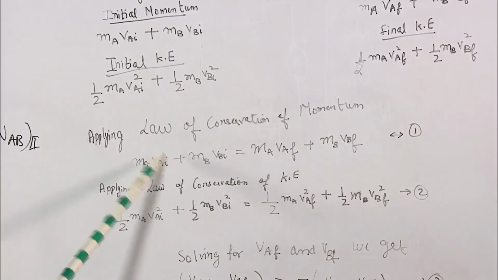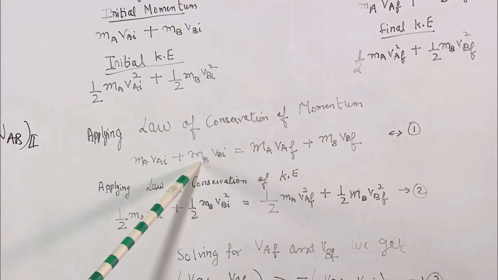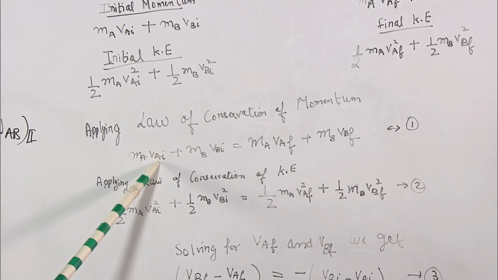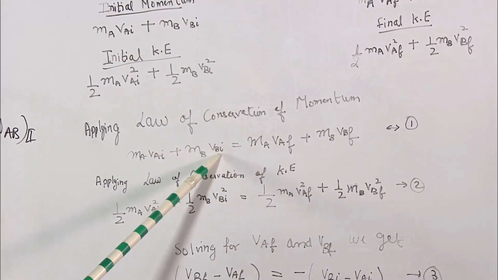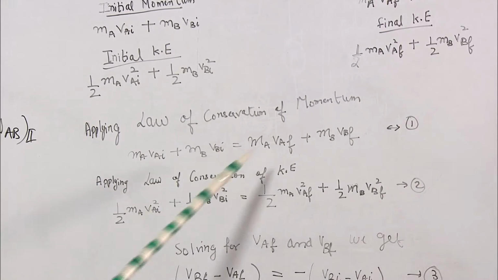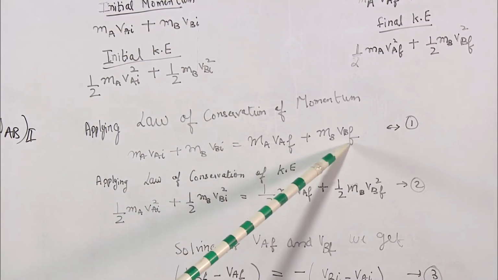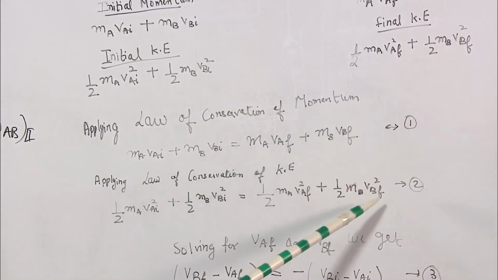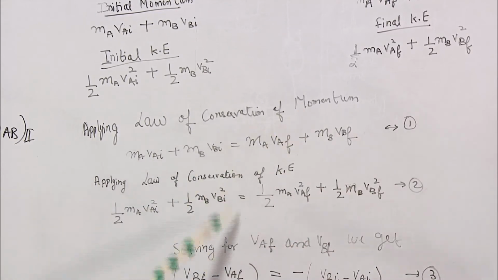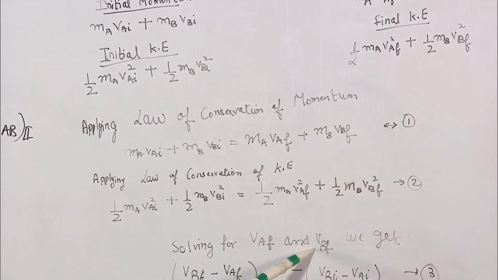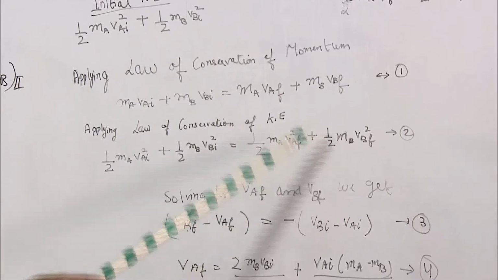There are known quantities: we know VAI and VBI, both are known. The only unknown quantities are VAF and VBF. So we have to solve these two equations for VAF and VBF.